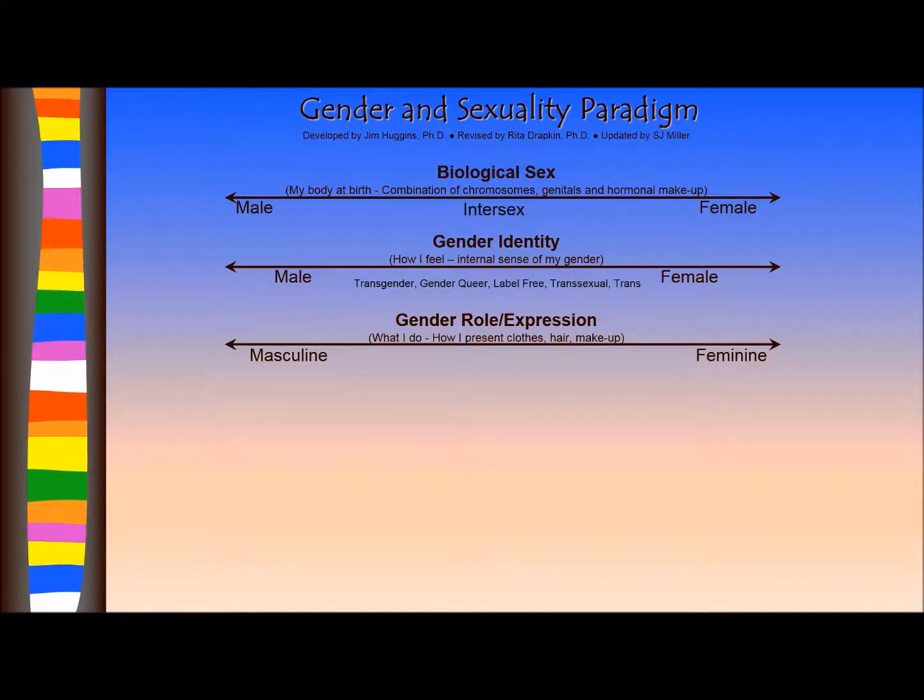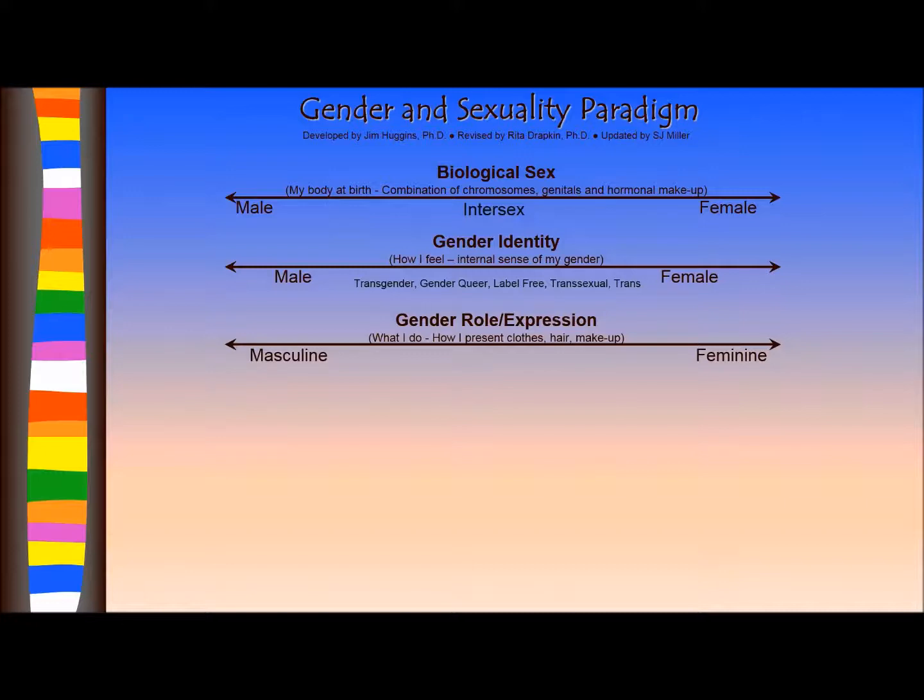Transgender is really an umbrella term for a person whose gender identity does not match their biological sex. So, for example, someone who is born with a male body but who feels female. Now, this may or may not be the label that they accept or the way that they think about themselves.